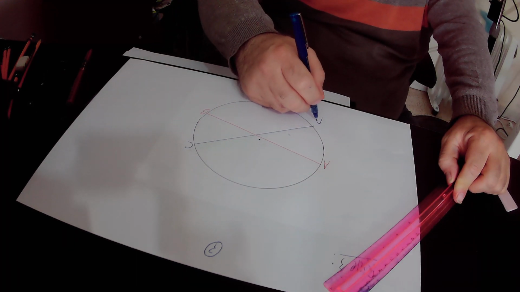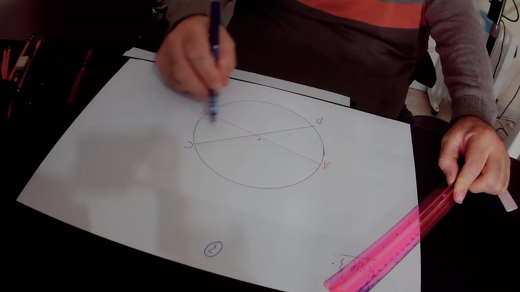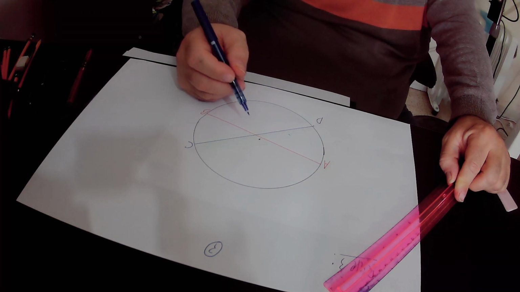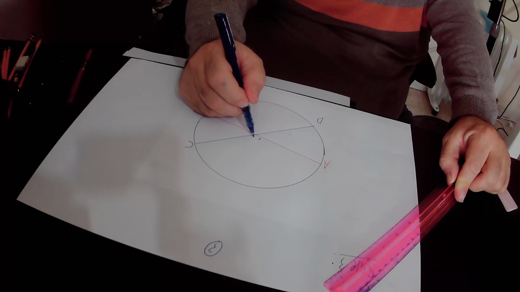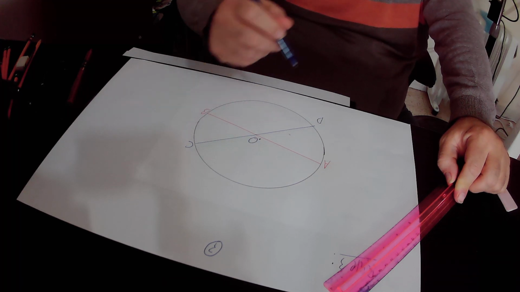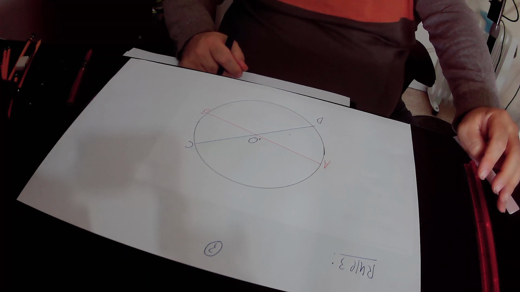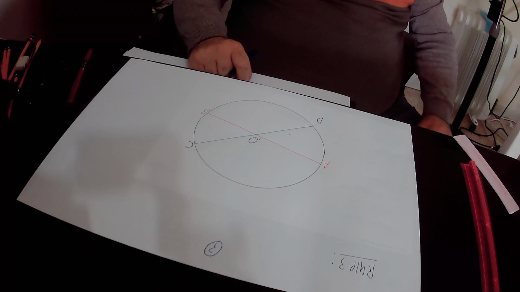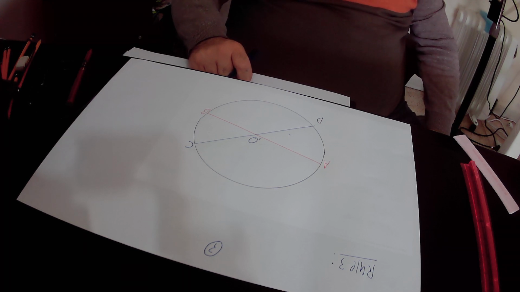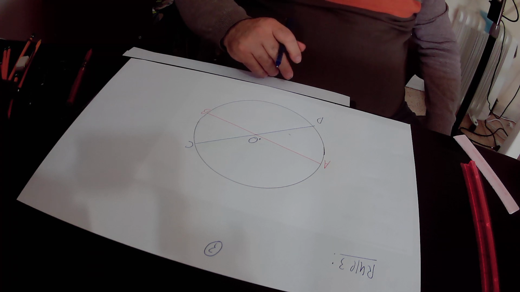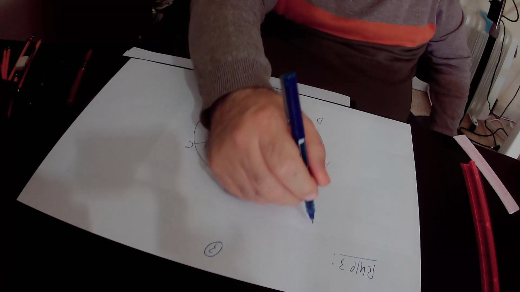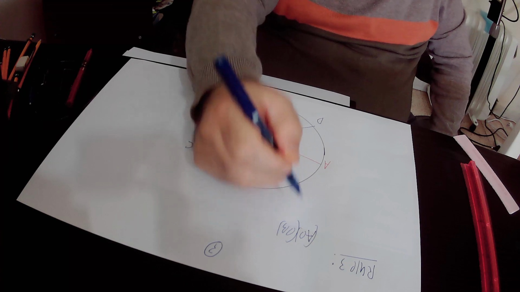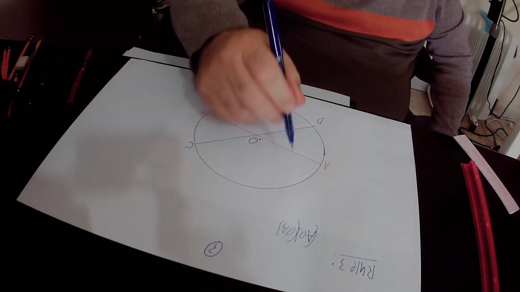As you can see in the drawing, chord AB intersects with chord CD at this point. This is the intersection point. We will define the intersection point between chord AB and chord CD as O. And in this case, the following relationship exists between the parts of the two chords. AO times OB will be equal to CO times OD.